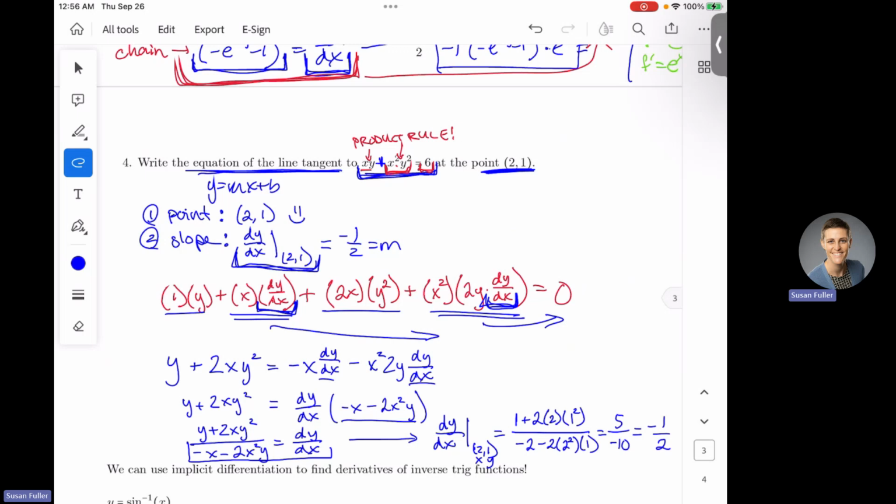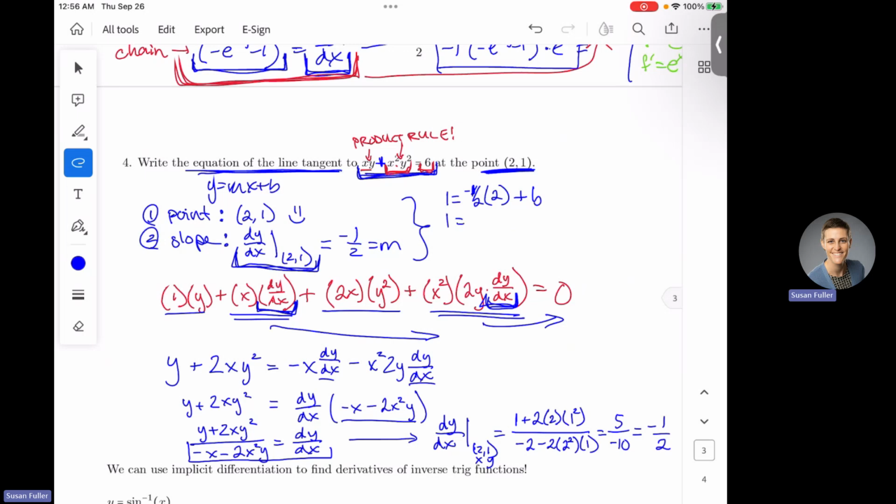So now I have a slope and I have a point. So here is where you can rock through y = mx + b, and you'll plug your point and your slope in. So y, which is 1, equals m, negative 1/2, times x, which is 2, plus b. I don't know what b is, so I'm going to leave it as b and we'll solve for it.